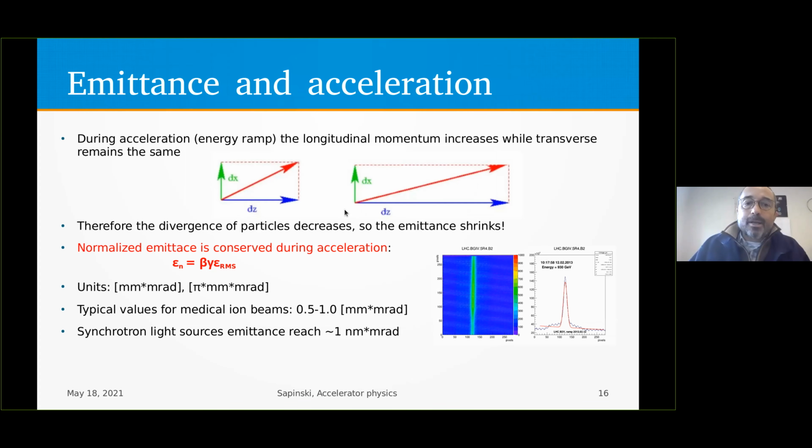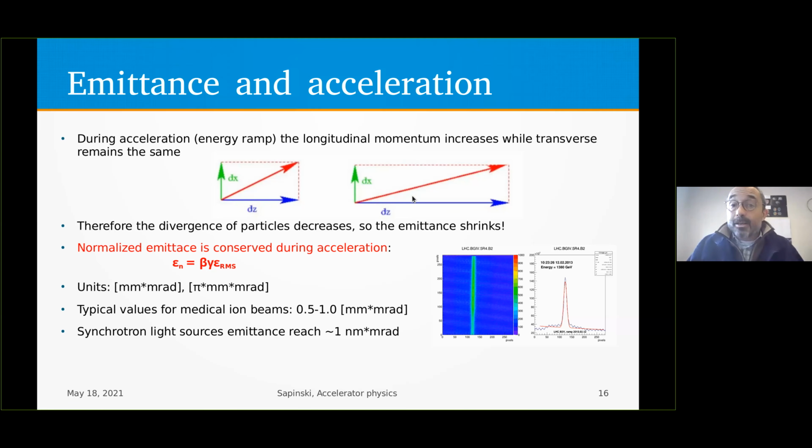All right, when you accelerate particles, what is happening is shown here on this plot. The beam starts to move with higher velocity in the longitudinal direction, while the transverse motion doesn't change. So it means that the angle here, which is part of the phase space, is smaller.